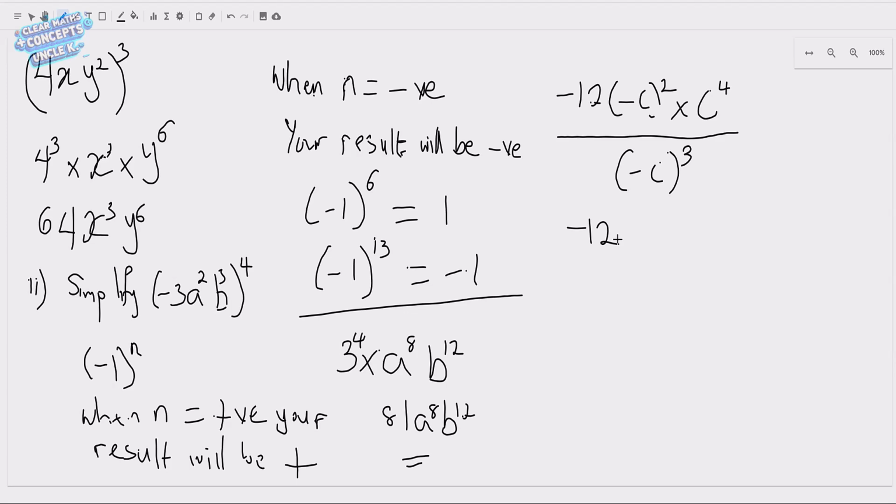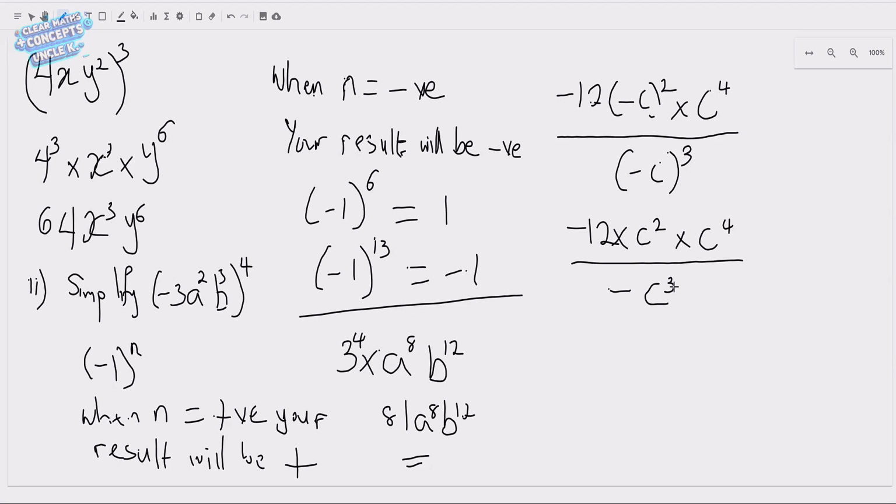Do you get that? So this will be a positive c raised to the power 2 times c raised to the power 4. Because the denominator has an odd power, it's going to be minus c raised to the power 3. Are you with me?